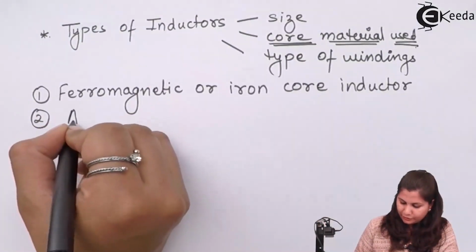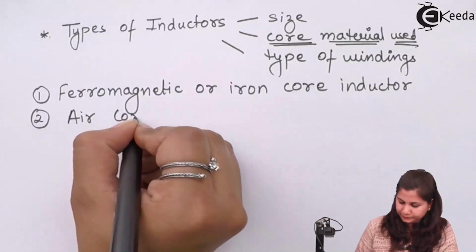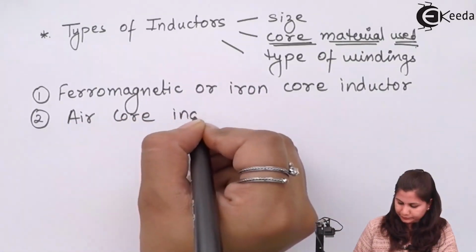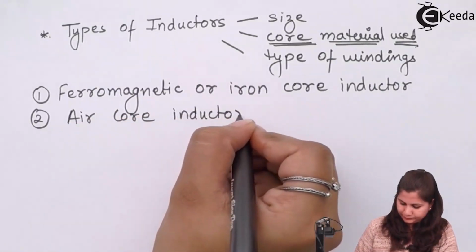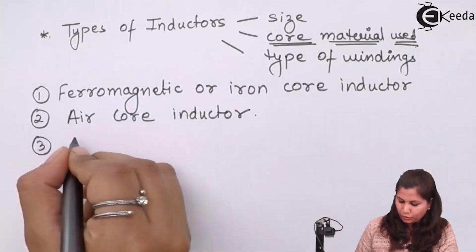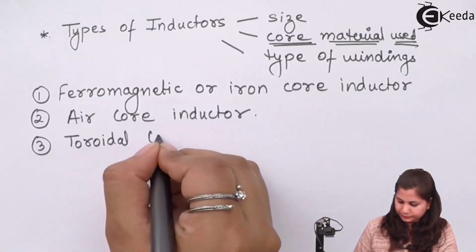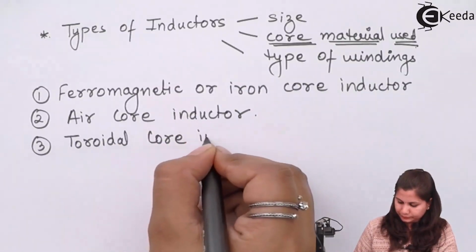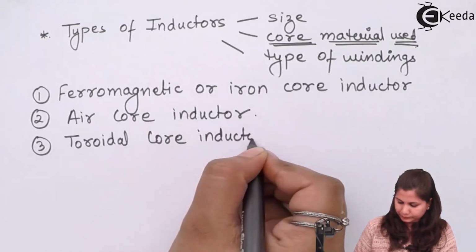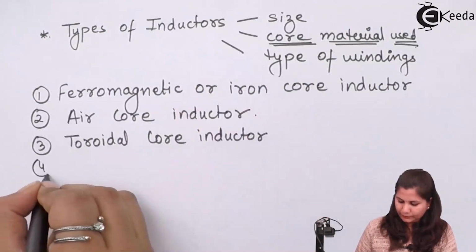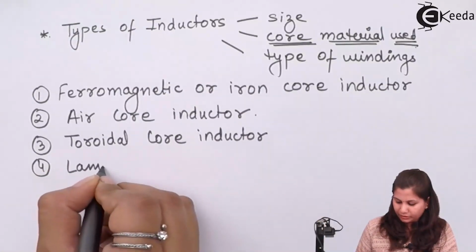Second type is air core inductor. Toroidal core inductor. Laminated core inductor.